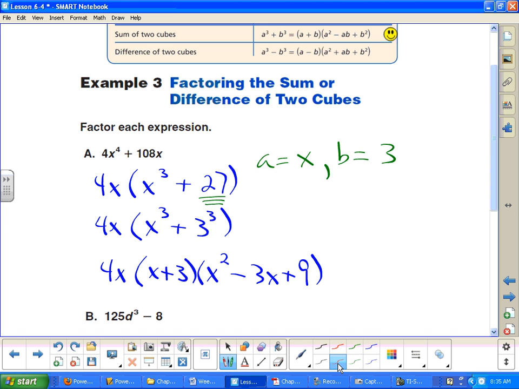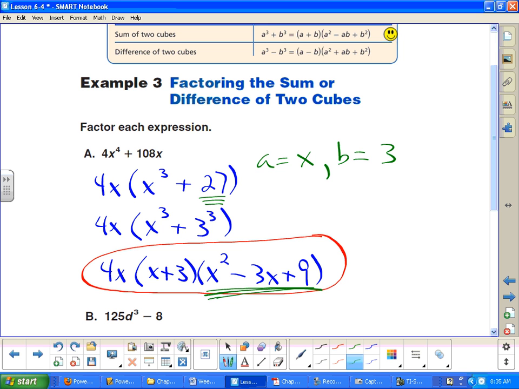And so that would be my answer. And you cannot factor the x squared minus 3x plus 9. You don't ever have to worry about that. If it's a cube, then this part here cannot be factored. Okay, so let's look at another one.